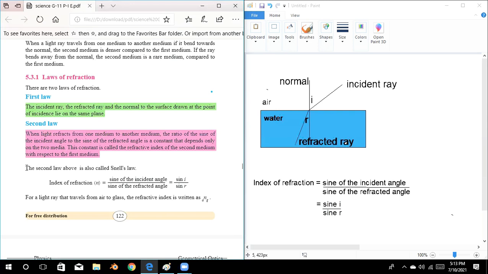This law is also called Snell's law, right?